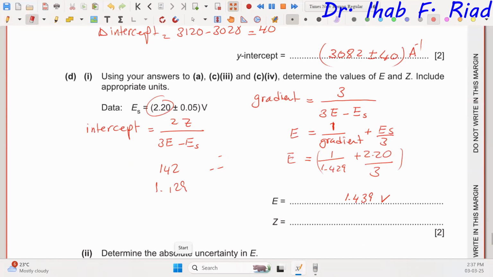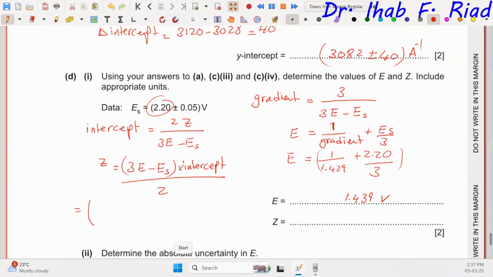What about Z? It is 3E minus ES multiplied by the intercept over 2. Yes. Now we substitute.